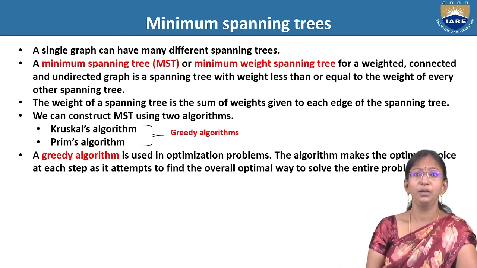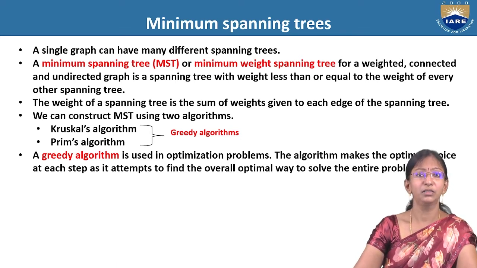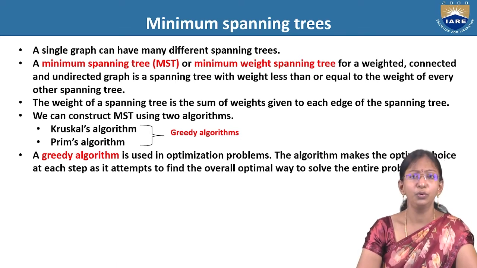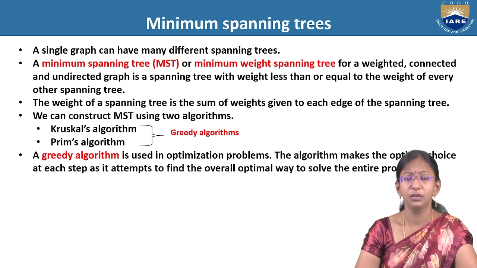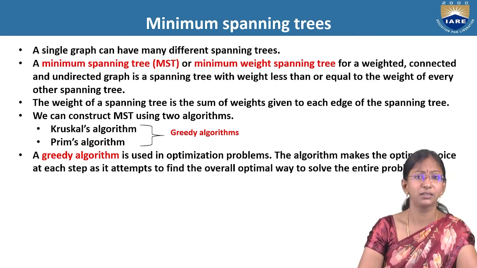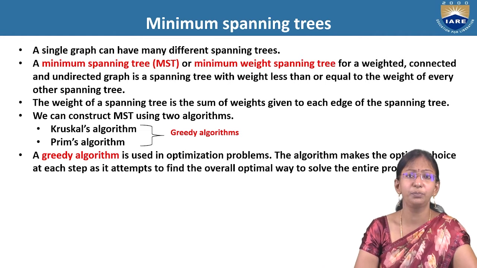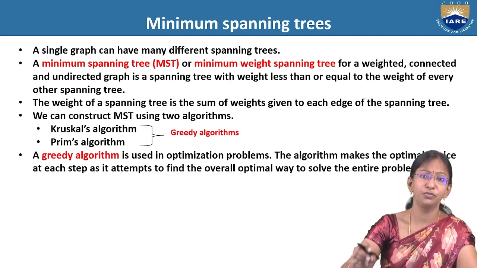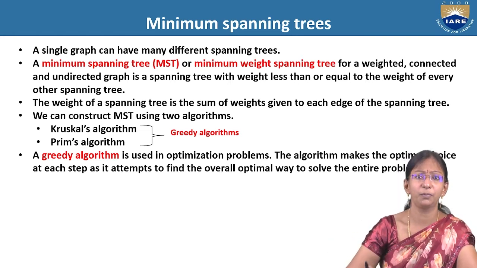Then why do we optimize things, right? There will be cases or scenarios where you don't want the minimum value nor the maximum value. You need an optimum value which is sufficient to represent a lot.